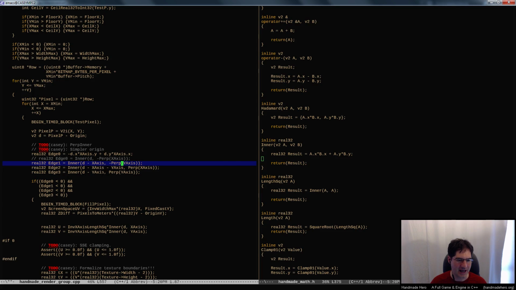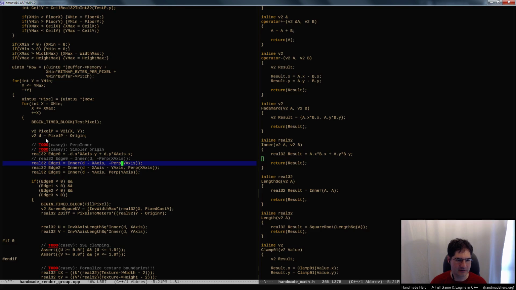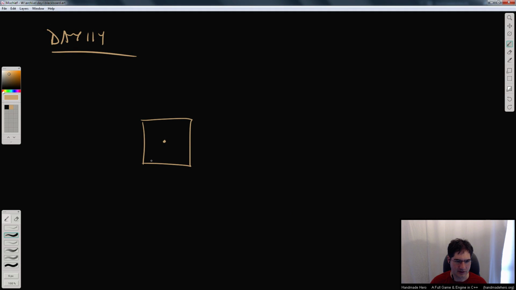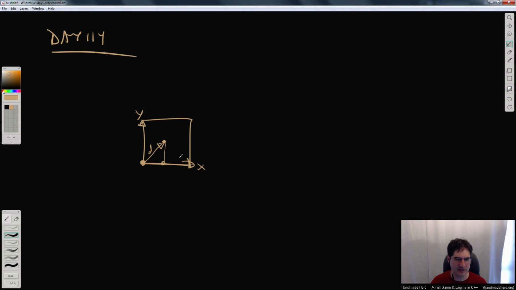Because if you take a look at what's actually happening here, we've got a vector to the pixel. D is a vector to the pixel. That's what D is. And then we have our x-axis and our y-axis. If we were to take the inner product of D onto that x-axis, I feel like we really shouldn't have to check all of those parameters.